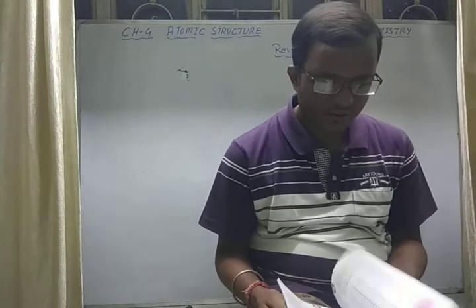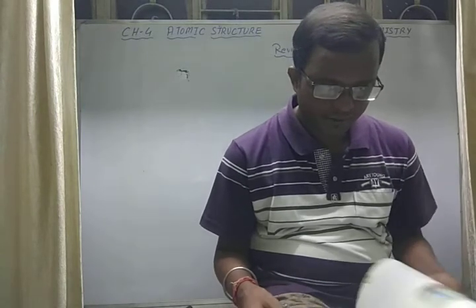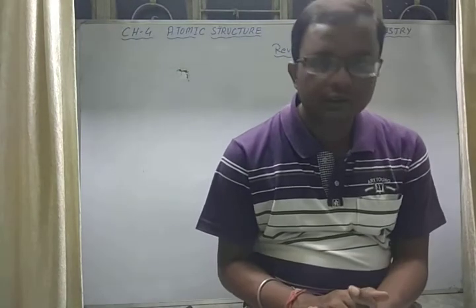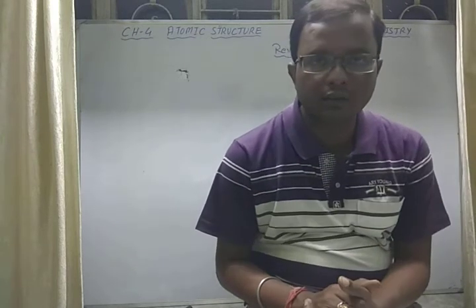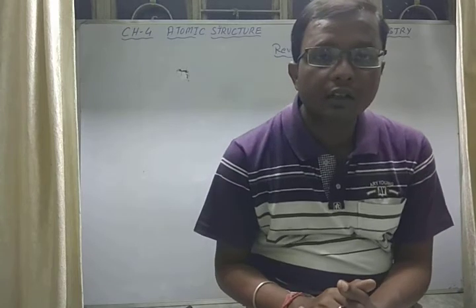Okay students, so let us start with the first topic of this chapter, that is Dalton's atomic theory. Dalton was the first person who gave an idea of atoms in modern chemistry, after Maharshi Kanad and Democritus.